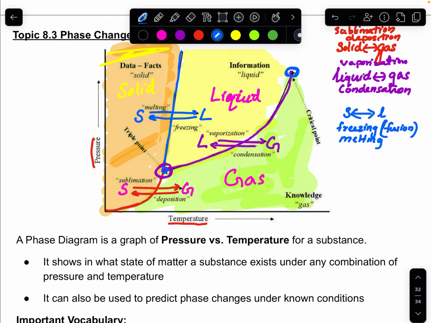We are not discussing that here because you don't need that for advanced chemistry. That is called the critical point. The critical point is a maximum temperature and pressure, beyond which phase changes will not happen.